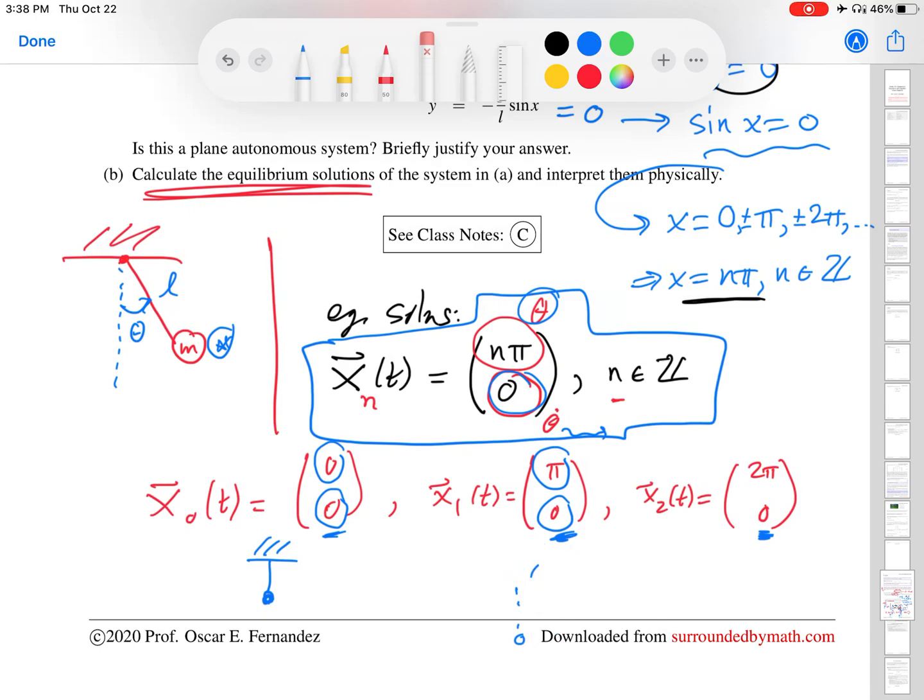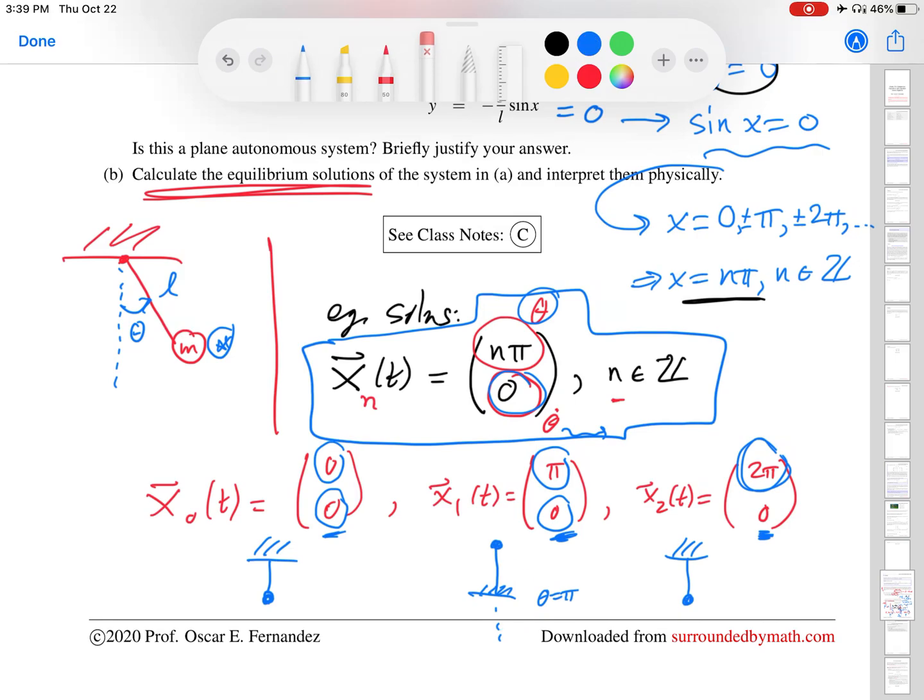So it would be the pendulum vertically upward, an angle of pi, 180 degrees. And if I took an angle of 2 pi, I would start here and then let it swing all the way back down to where it started from. So the picture here would be the same as in the x sub 0 case. It would be a pendulum just hanging that way.